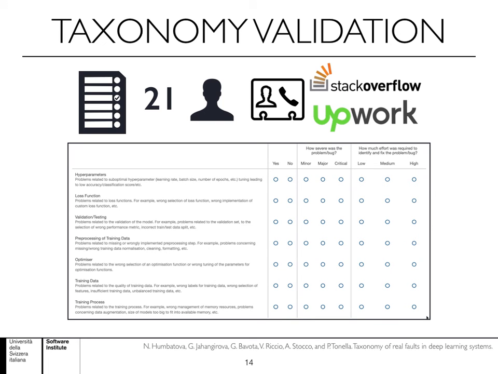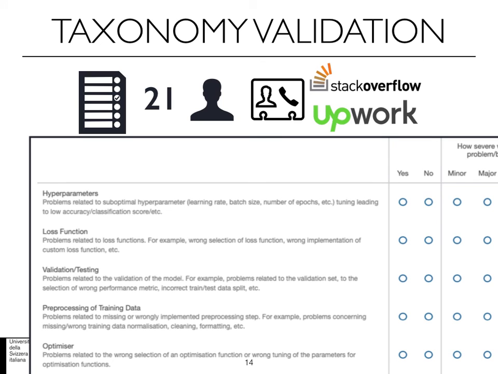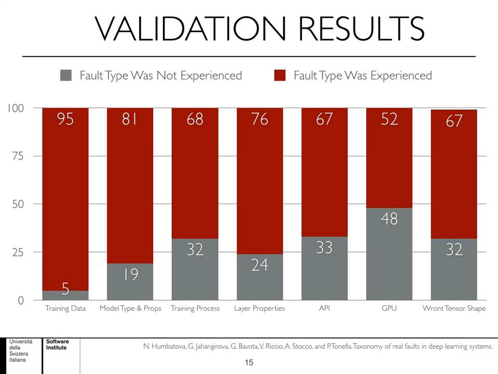We provided our participants with descriptions and examples of the categories or of the larger subcategories, where we asked them whether they encountered such type of faults, how severe it was, and how much effort it required to identify and fix it. As a result, there was no category of faults that wasn't confirmed by our participants, with an average success rate of 66%, which confirms that all of the categories in the taxonomy are relevant.